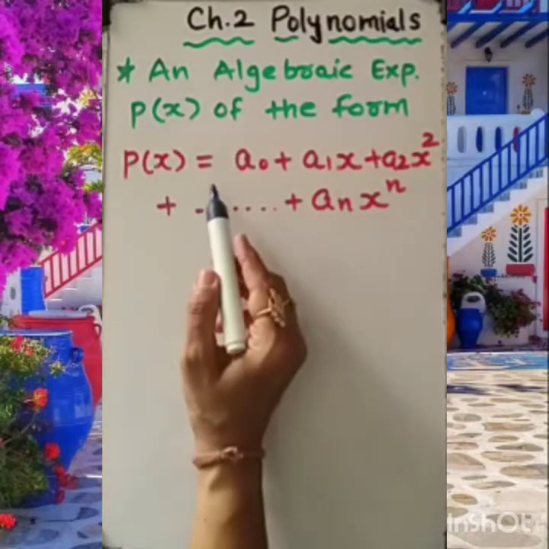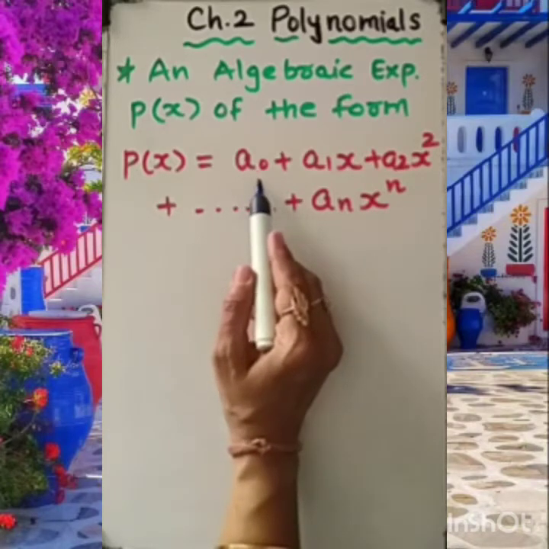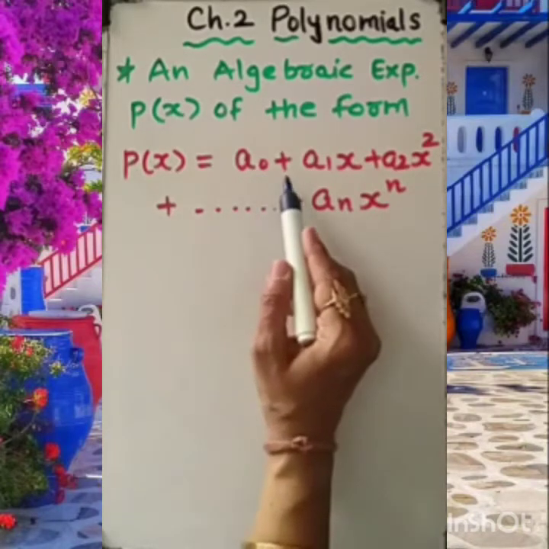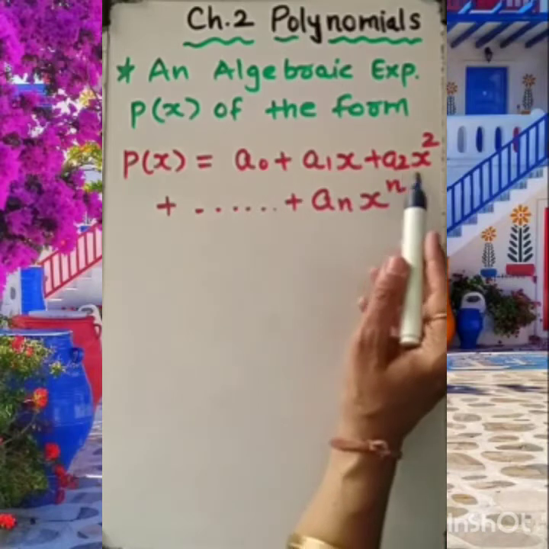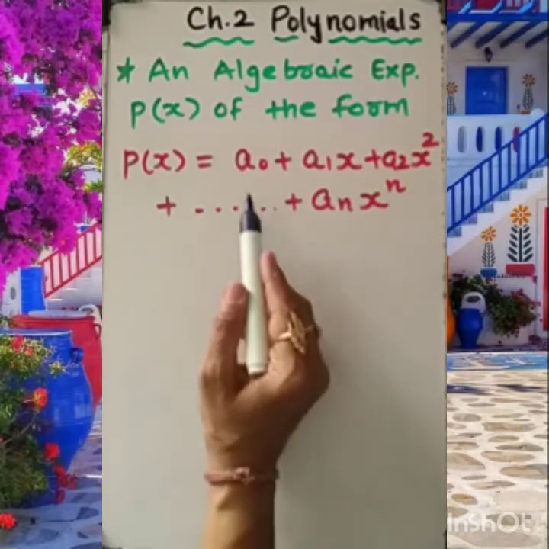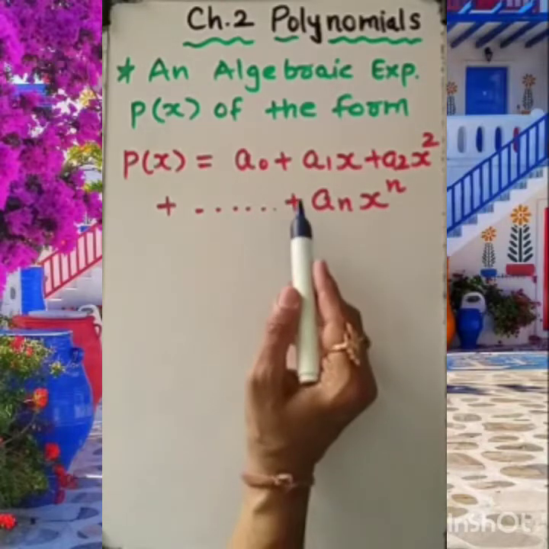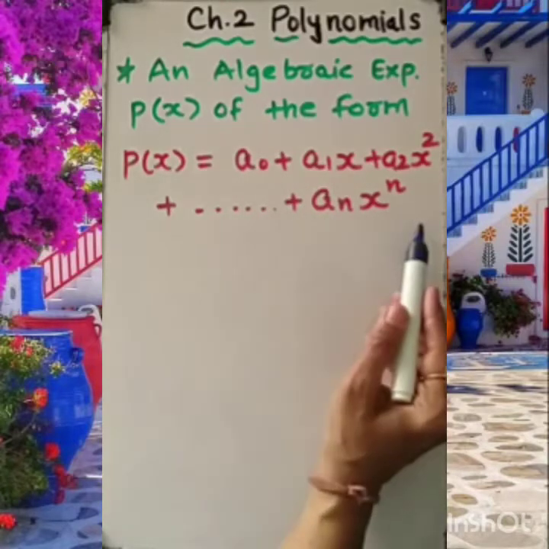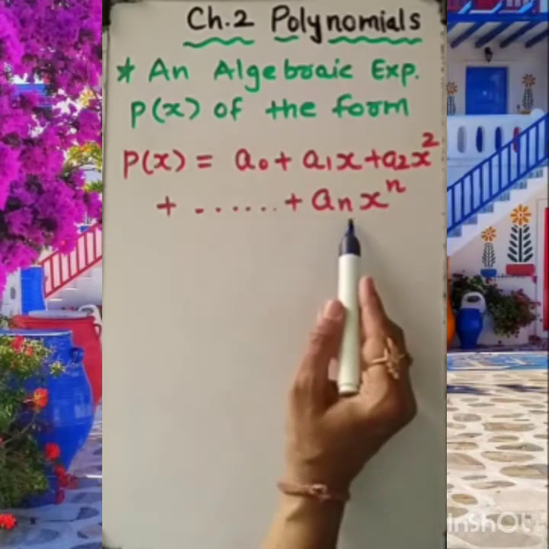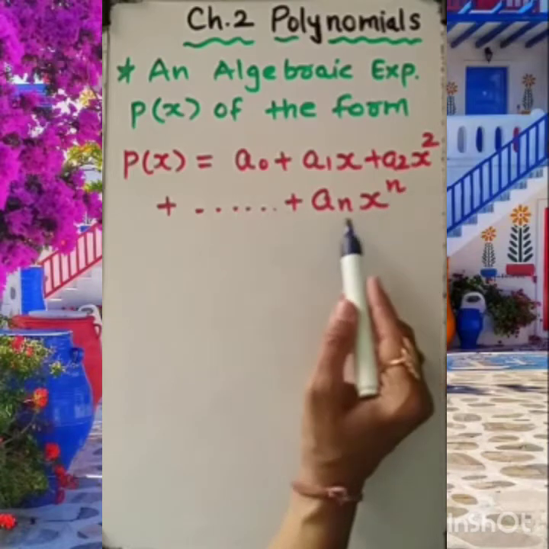P(x), its general form is a0, sometimes a naught also we can read, a naught plus a1 x plus a2 x squared plus a3 x cubed plus a4 x to the power 4 plus a5 x to the power 5 and so on, plus an x to the power n.